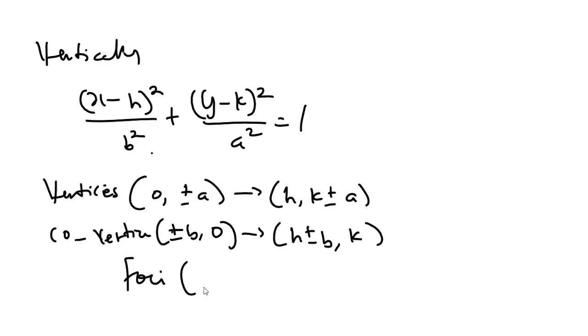So our foci, initially when it's at the origin and vertical, we have 0, plus or minus c. Now shifted from the origin, it is going to be (h, k plus or minus c), and that is that.